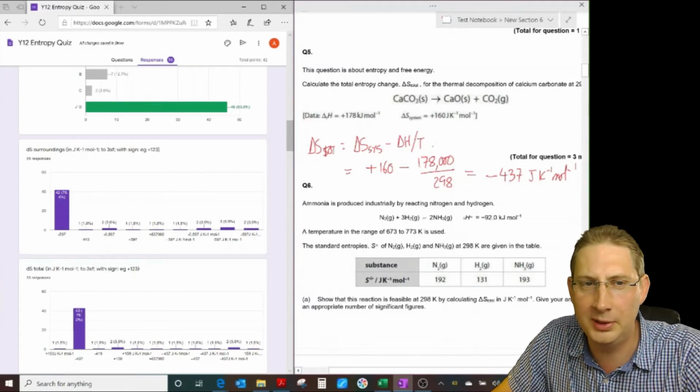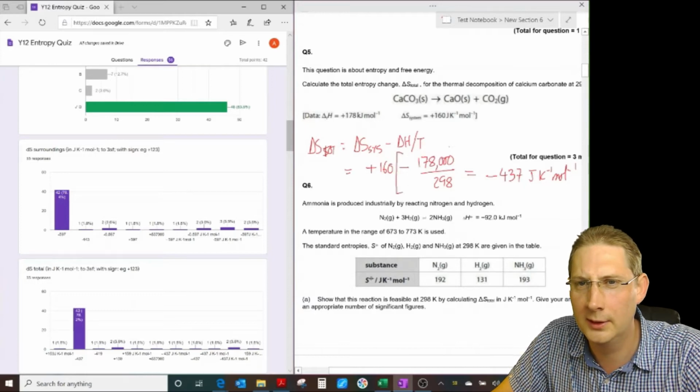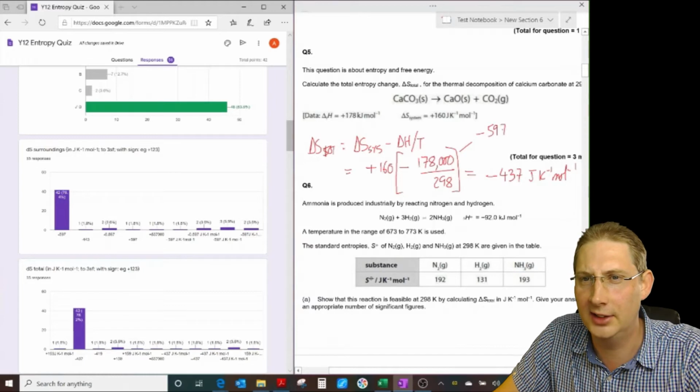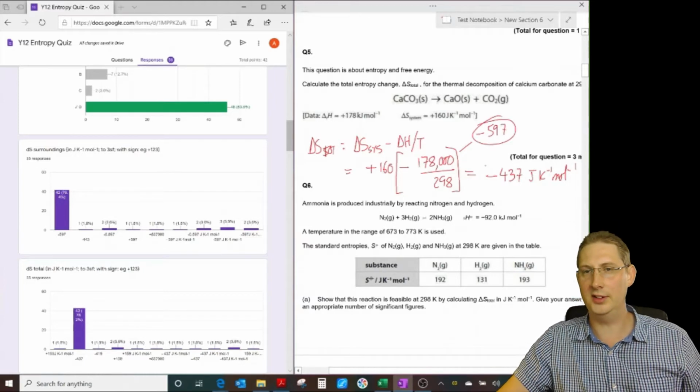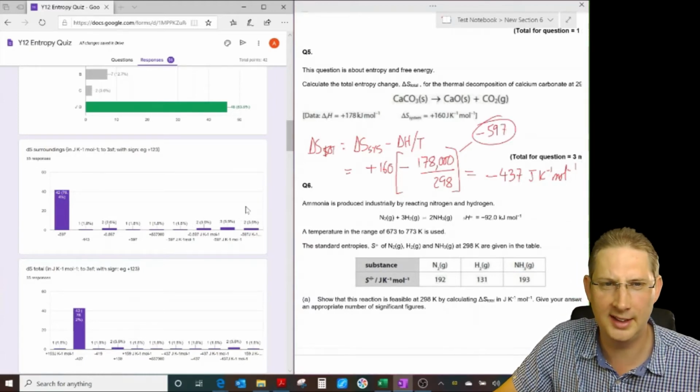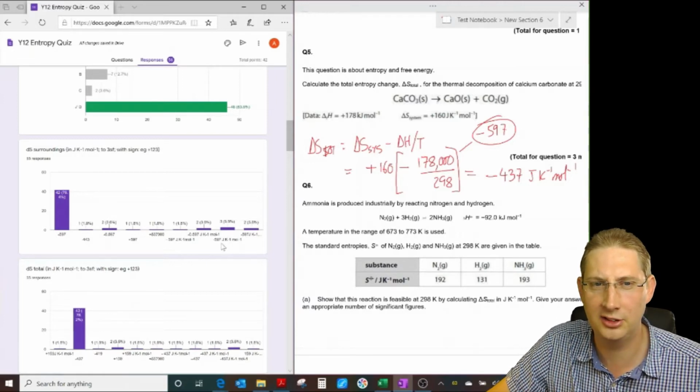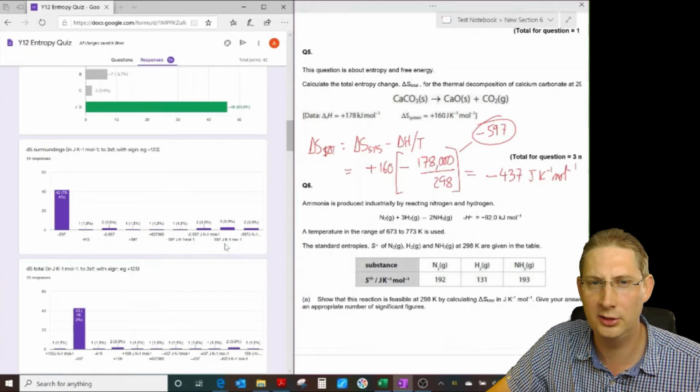If you work just this bit out here, that's where the minus 597 comes from, to 3 significant figures. So minus 597 there, and minus 437 there for the total.